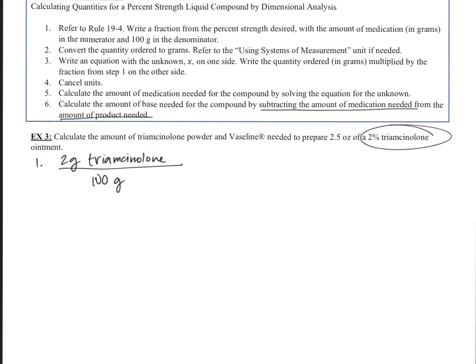So the second step, the volume that was ordered is 2.5 ounces. Remember, we need to convert the quantity ordered to grams. Since we know that 1 ounce is 30 grams, we can go ahead and find out that 2.5 ounces, multiply that by the conversion factor.